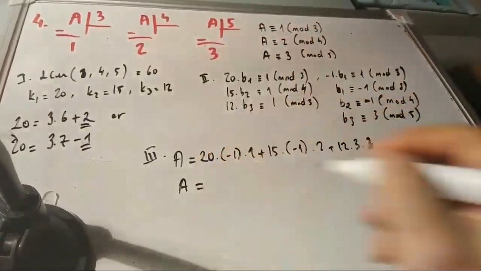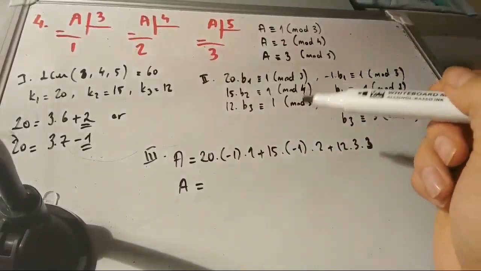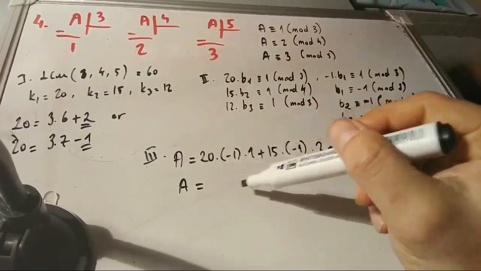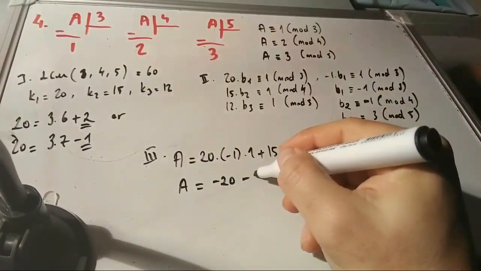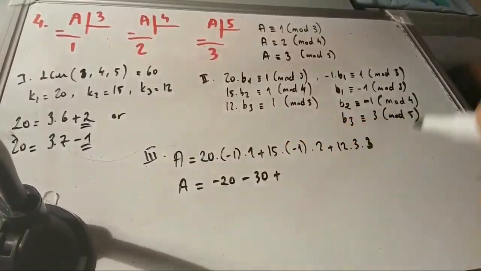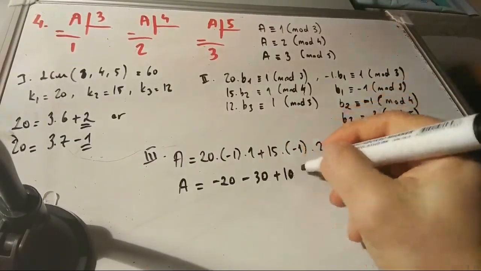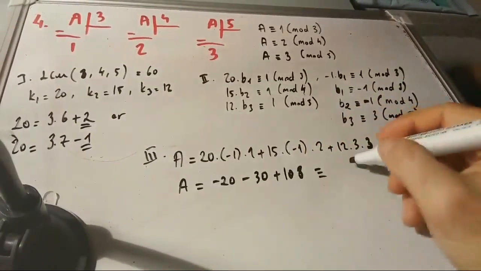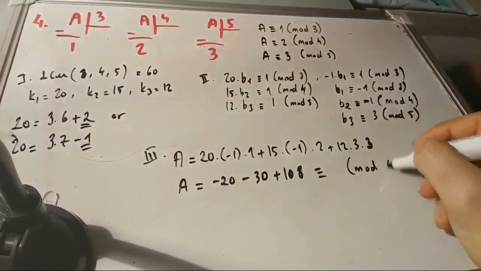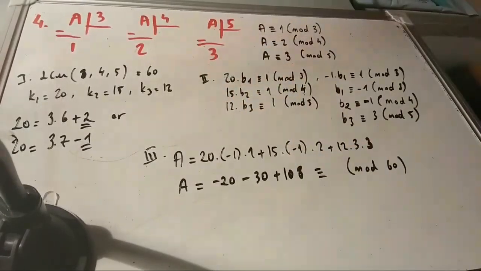So A is equal to negative 20 and negative 30 and plus 3 times 3, which is 9, and 12 times 9 is going to be 108, congruent in mod 60, the least common multiple of 3, 4, and 5.